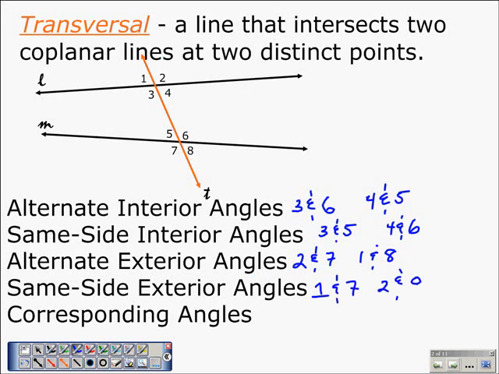Of the five special pairs of angles we're going to identify today, only corresponding angles have one on the interior and one angle on the exterior. To look at this here, angle 1 and angle 5 correspond to one another. Angles 2 and 6.